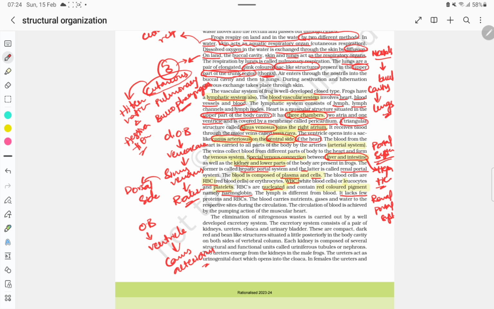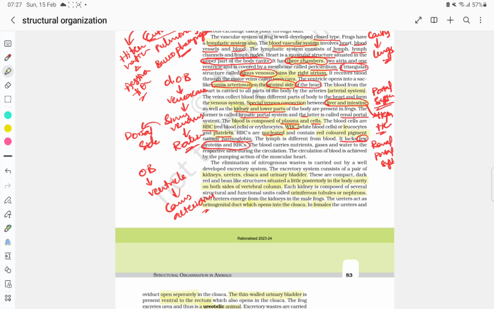It lacks a few proteins and RBCs. The function of the blood, we know, is to carry different nutrients, gases and water to the respective sites during circulation. And as the heart is muscular, this is done by the pumping action of the muscular heart.